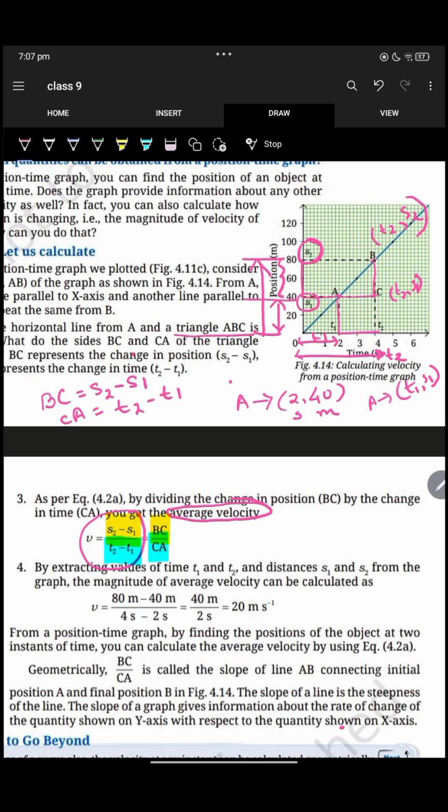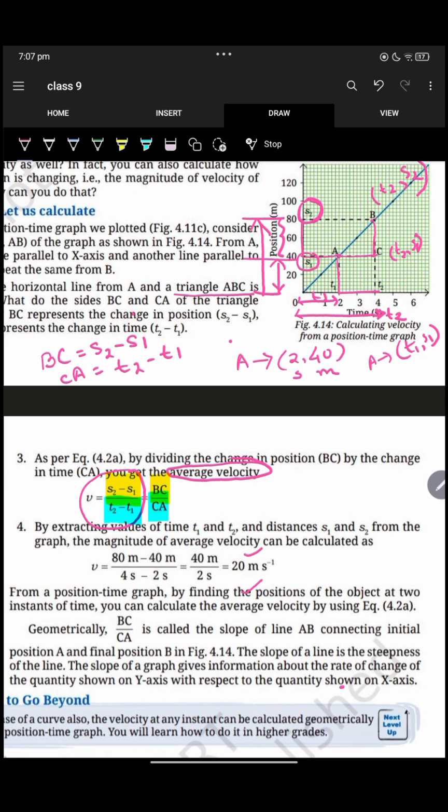So 80 meter minus 40 meter divided by 4 seconds minus 2 seconds. 80 minus 40 is 40 meter, 4 seconds minus 2 seconds is 2 seconds, and in the simplest form it is 20, and the unit should be meter per second. This is the value of the average velocity that you have obtained graphically, right?